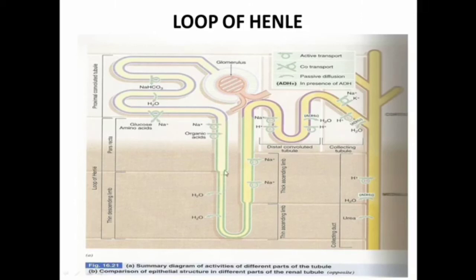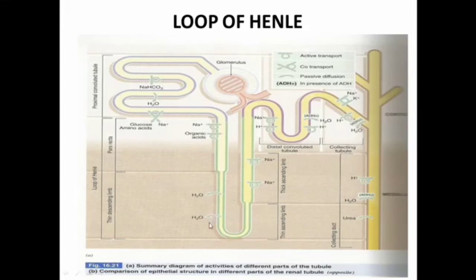And from here, the loop of Henle starts. The whole of the loop of Henle is lined by simple squamous epithelium, except this thick part. The thick part is lined by simple cuboidal epithelium. Otherwise, all this portion is lined by simple squamous epithelium.